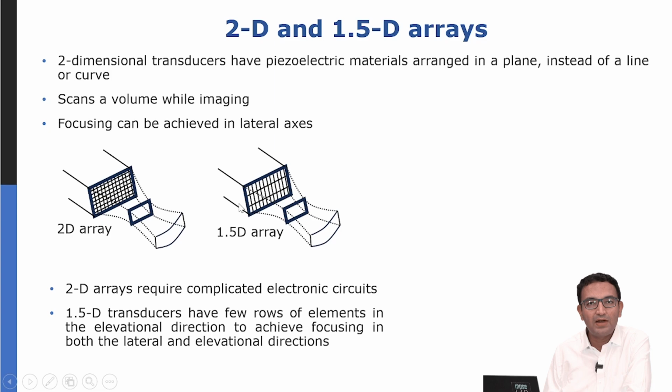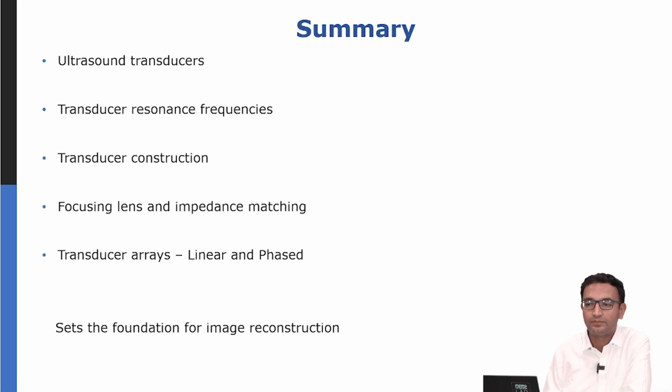So a 1.5-dimensional array can be considered as a compromise between a standard 1-dimensional linear array and a 2-dimensional matrix array. The trade-off here is that a two-dimensional array requires a large number of elements and thus a large number of electronic circuits, interconnects, etc. But 1.5-dimensional arrays have few rows of elements in one dimension. Therefore, you save on the complexity in terms of the electronics.